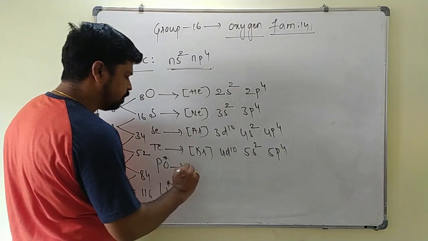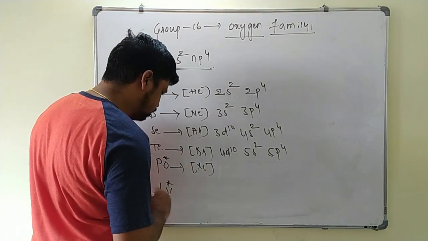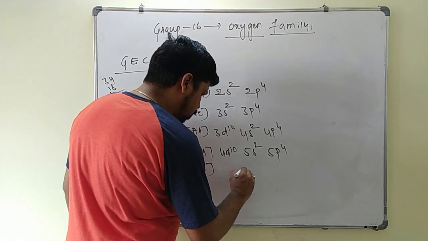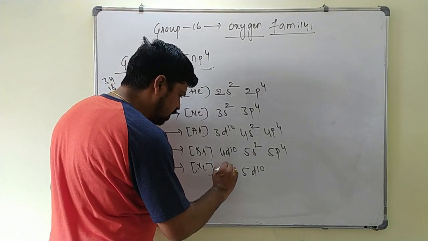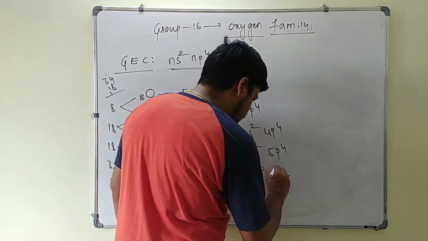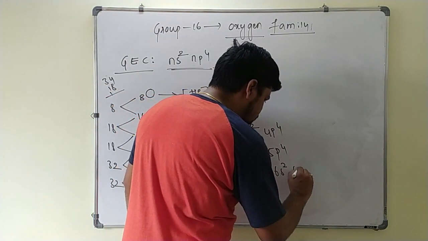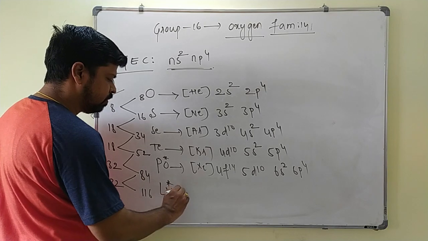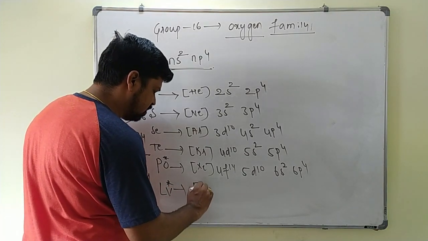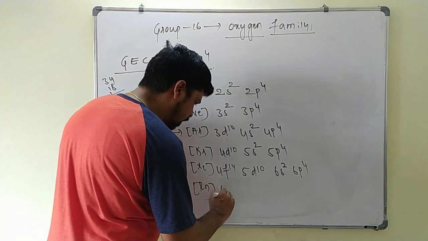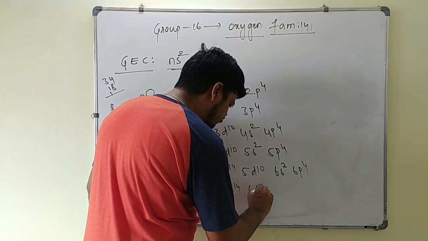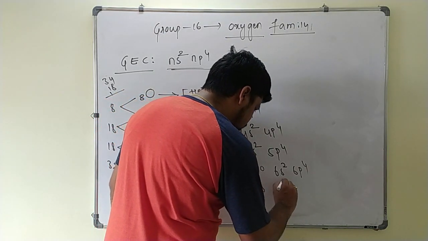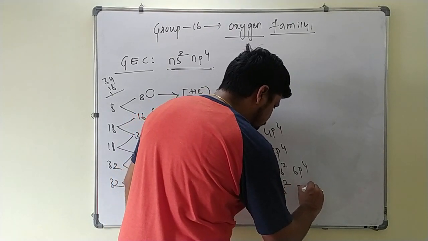For polonium you write xenon. Before 5d10 orbitals, 4f orbitals are filled here. Next, 6s2 6p4 will be written. Livermorium, this is radon. You write 5f orbitals completely filled, then 6d10, and this is 7s2 7p4.